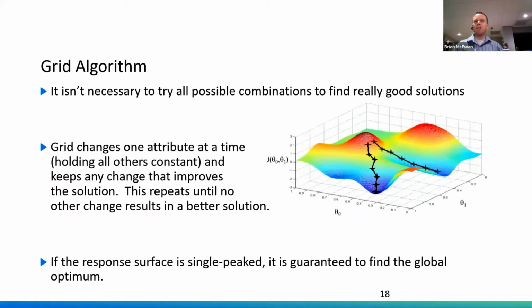The second one is called a grid algorithm, sometimes called a hill climbing algorithm. The idea behind this is that we're definitely not going to test all possible combinations. We're going to choose a starting point. This graph is a 3D representation of where we start at the beginning.